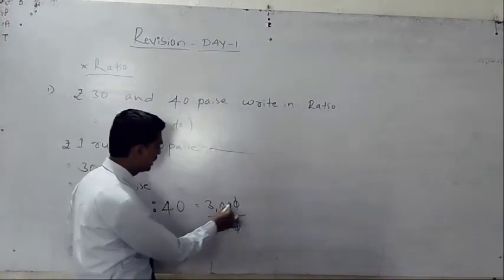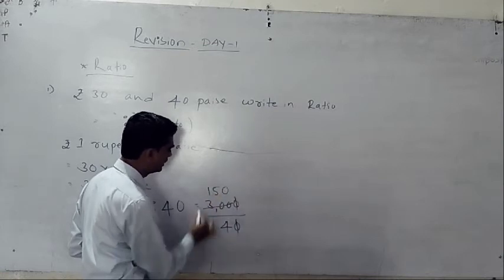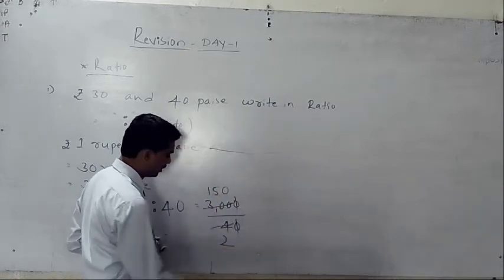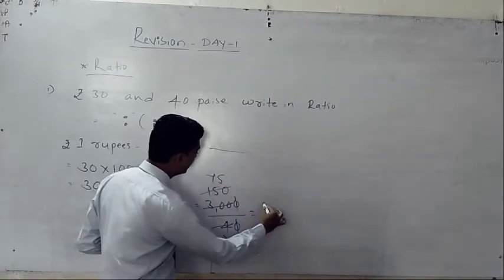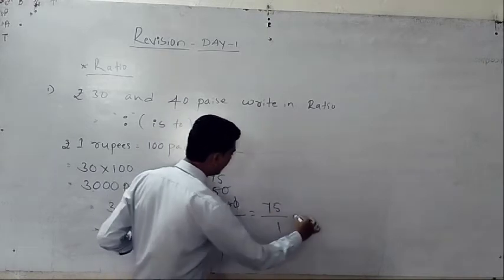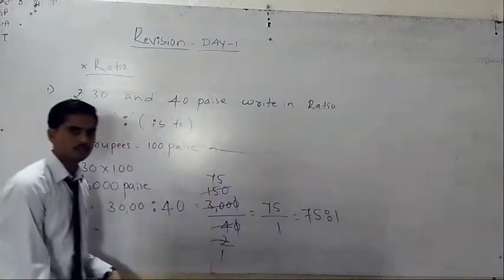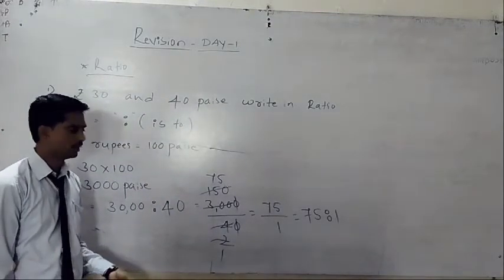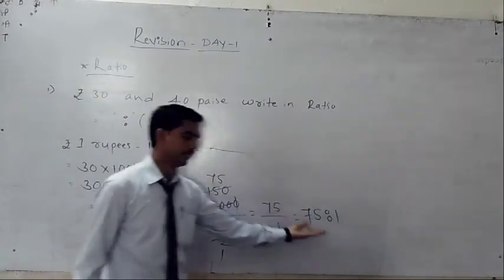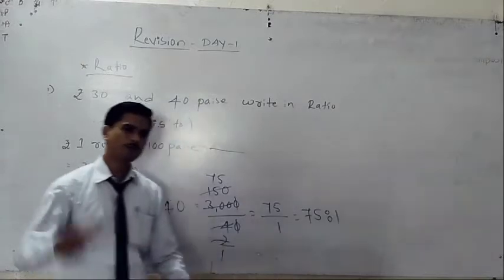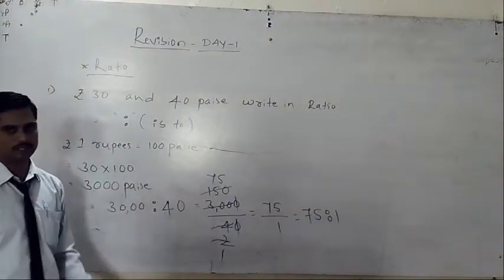Then it is 75 by 1. Then you should write in ratio 75 is to 1. This is the simplest form of the ratio. If you write this type, I will give you 1 mark, and this type also I will give you 1 mark. Okay, write down this one.